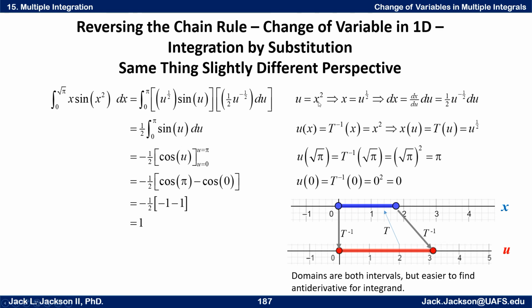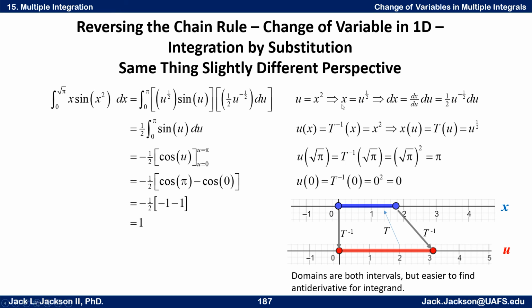Normally that's not a one-to-one function if you let the domain for x be big enough. But if we restrict x to between 0 and square root of pi, this is one-to-one, so we can solve for x. x is the positive square root of u, or in other words, u to the 1/2 power.